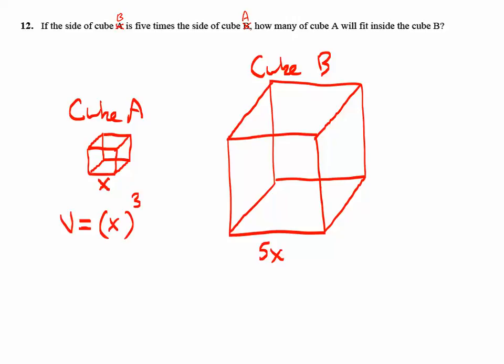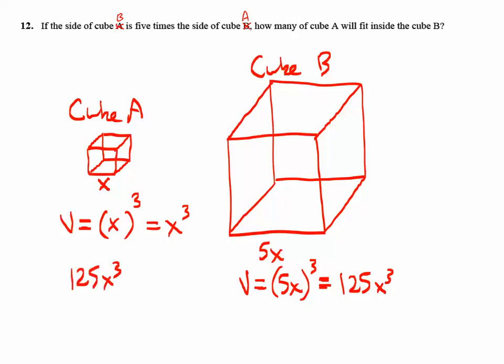Remember with the previous problem, when we were doing squares, one of the sides was 5 times as much, and we were able to fit 25 of the smaller pieces into the larger piece. Now that we have a 3-dimensional object, let's see what happens here. The volume of cube A is just x to the 3rd. What's the volume of cube B? There you go, 125x cubed. So then again, how many of the smaller will divide into the larger? We take the larger divided by the smaller.